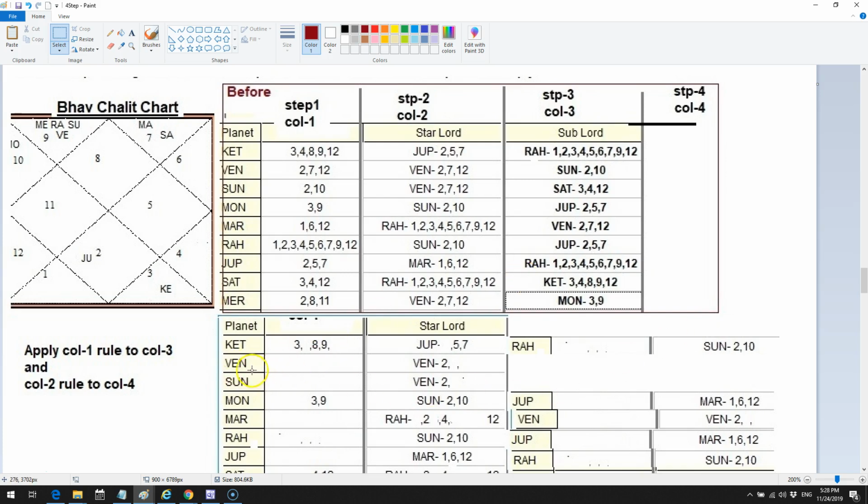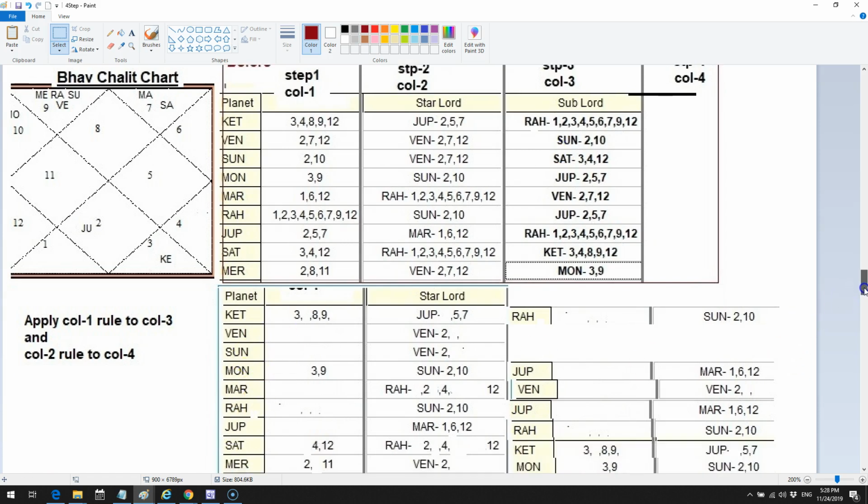Similarly for Venus, what is the Venus sublord? It is Sun. So what we did to the Sun over here, this is Sun, right? So we are just going to copy this from here and paste it over here.